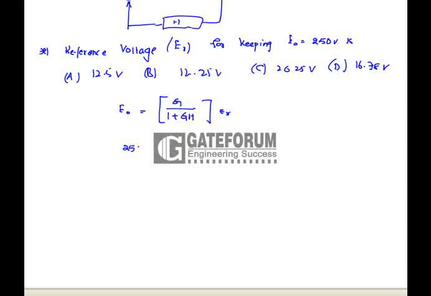Here this is 250, G is 200 divided by 200 into 1 by 10, so 200 by 21. So ER equals 21 by 200 into 250, which equals 26.25 volts. That is option C is correct.